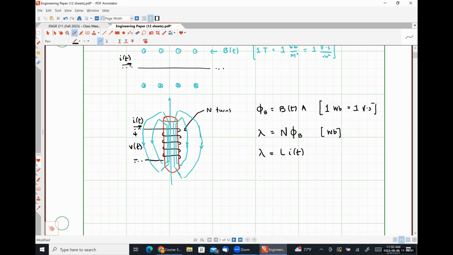V of t is defined to be the derivative of the flux linkage. This is going to look like the derivative of L times I of t, which looks like L di/dt. You saw this way back in Circuits 1 and used it over and over and over again throughout the duration of Circuits 2.